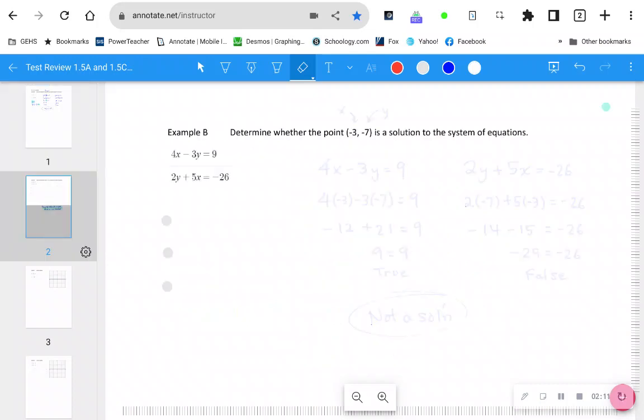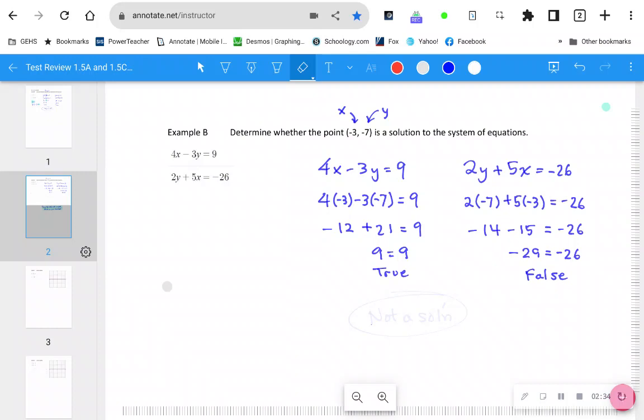Okay, another example just like this. The first thing we're going to do here is plug in this new point, (-3, -7), in for the x and y values. Pay attention, make sure you get the x where it says x and the y where it says y. Working that out gives a statement of 9 equaling 9, which is definitely true.